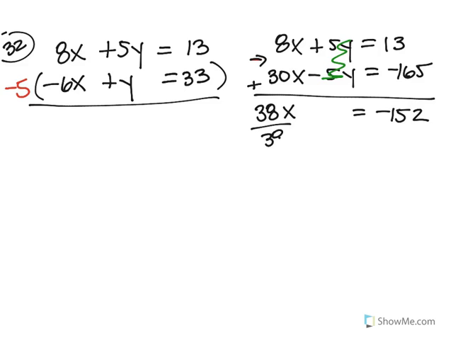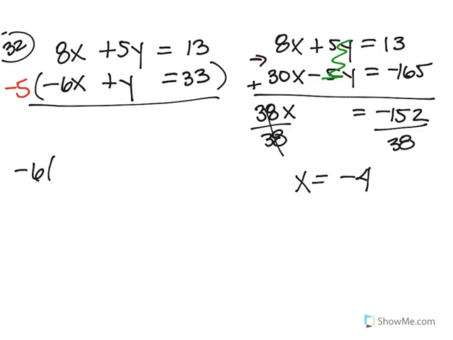Divide both sides by 38, and I get x equals -4. Once you get x is -4, you would plug -4 back in for x, either in the top or the bottom.